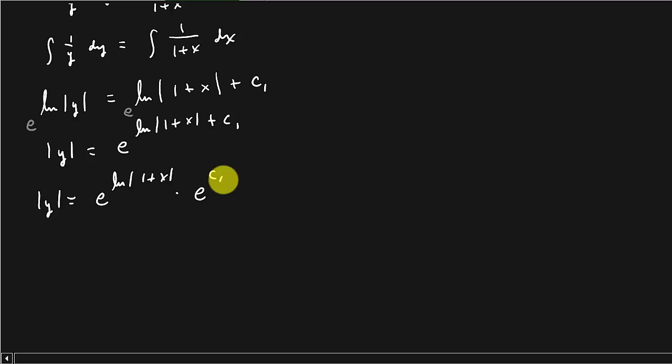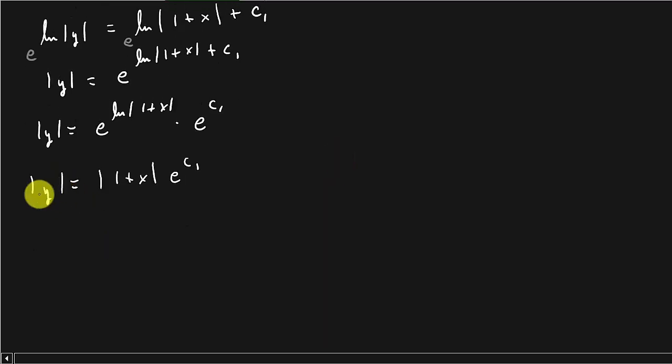And so now we got absolute value of y is equal to absolute value 1 plus x times e to the c1. E to the natural log of absolute value 1 plus x is absolute value 1 plus x. And now, if we want to, we can get rid of these absolute values. We can write y is equal to plus or minus e to the c1 times 1 plus x.